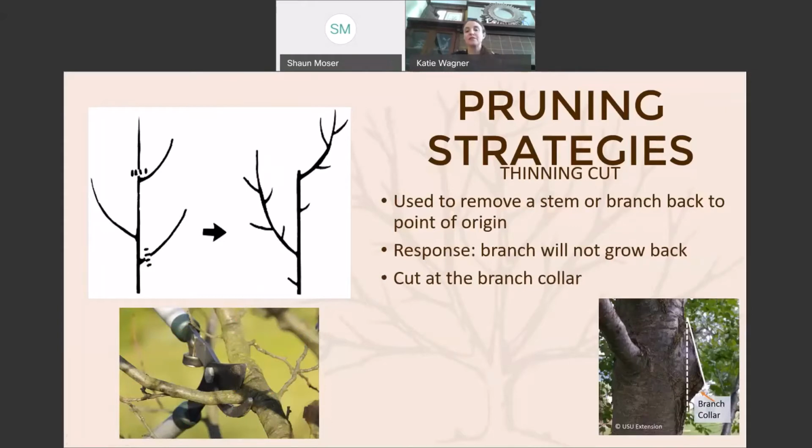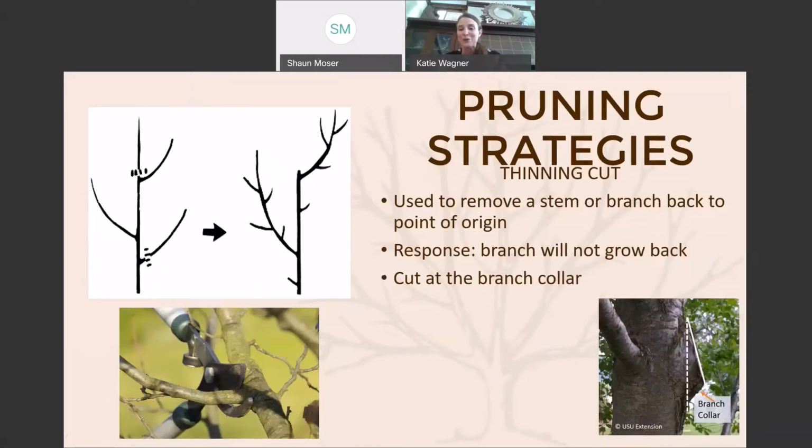And we talked about this in the last class. I don't want to spend too much time on this, but if we are taking off a larger size branch, now really in tree fruit production, unless we are dealing with a fruit tree that has been neglected and we're trying to regenerate it, we really should not be probably taking off really large size branches since we're doing so much of that directional pruning in the early life of the tree.